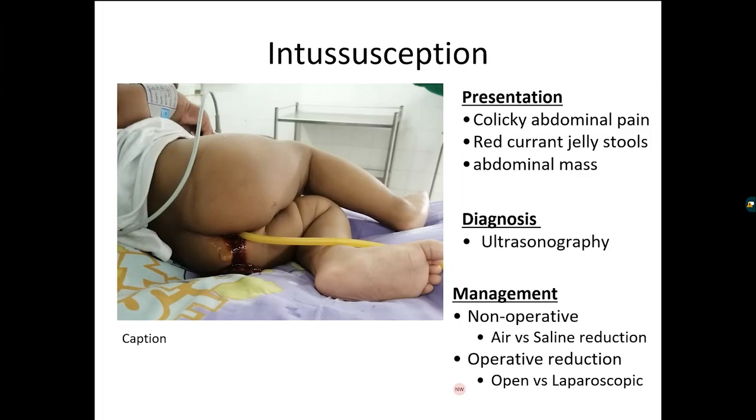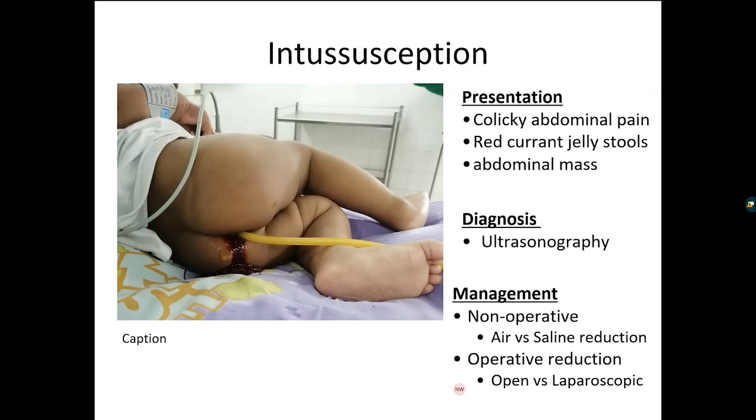Air reduction is considered superior to saline reduction. However, in Sri Lanka, we do not have the facilities or the necessary equipment for an air reduction. Therefore, we commonly perform saline or hydrostatic reduction technique, which has more or less similar success rates.